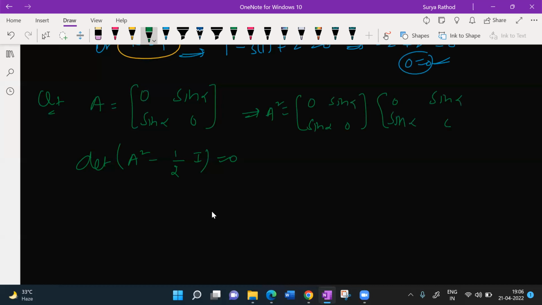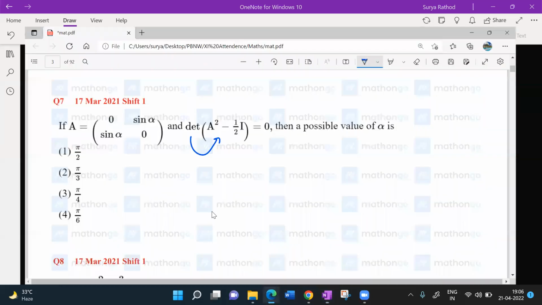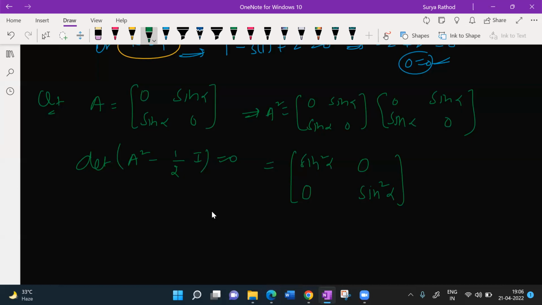Sin alpha into 0. So 0 plus sin square alpha. Next 0, 0, sin square alpha here. Which is equal to, this is A square, right? So this is the A square value.